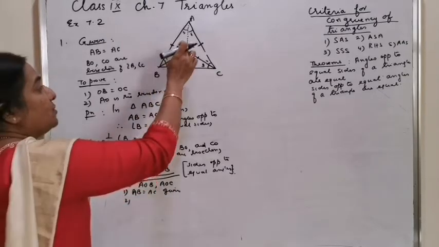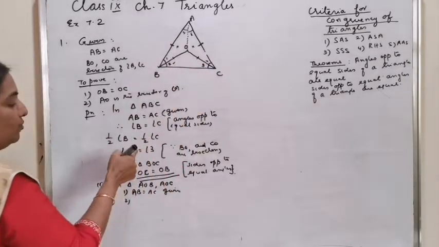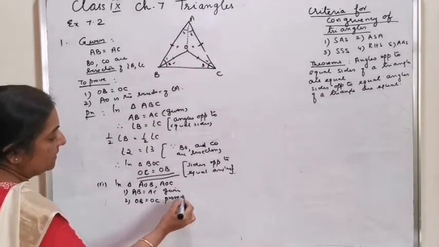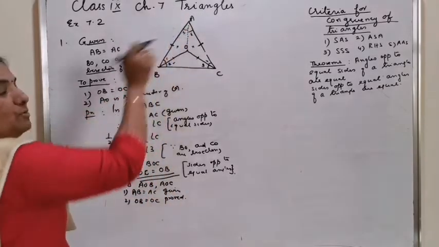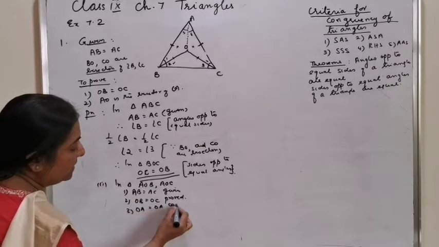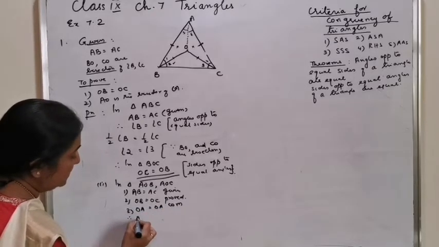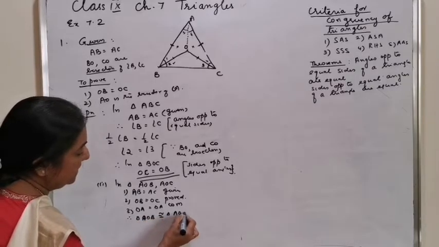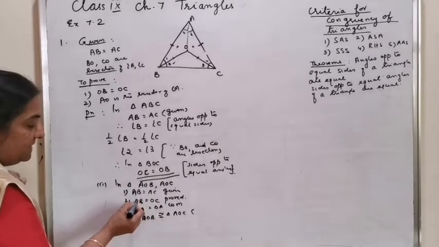The second point, OB equal to OC, proved, and OA equal to OA, common. Therefore, triangle AOB is congruent to triangle AOC by side, side, side.